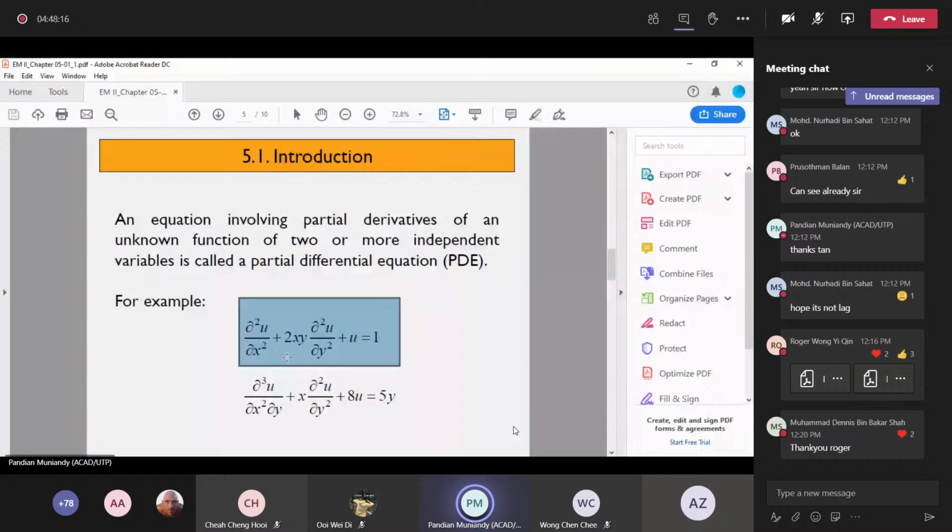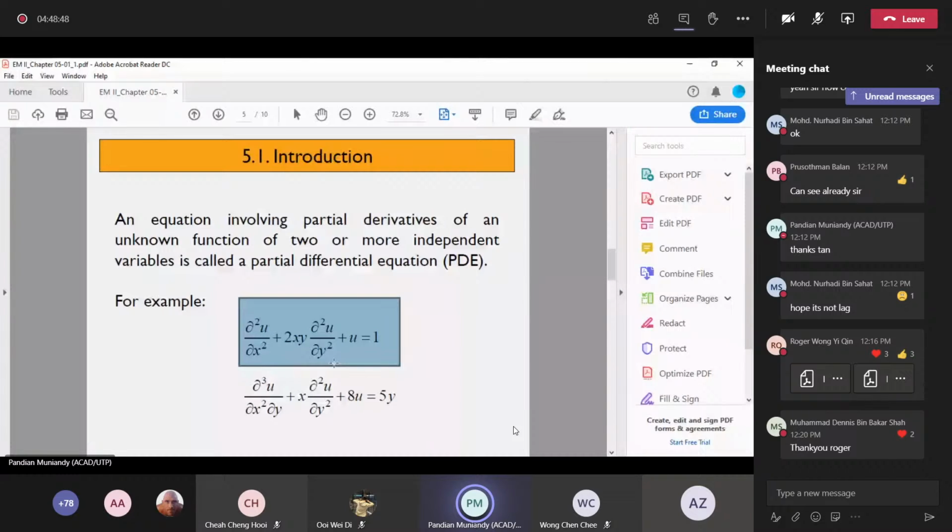So your output u depends on x and y. That is the answer. It can be solved analytically, which we are not going to do in this subject. We can solve this numerically. So the numerical method is the approach that we are going to adopt.